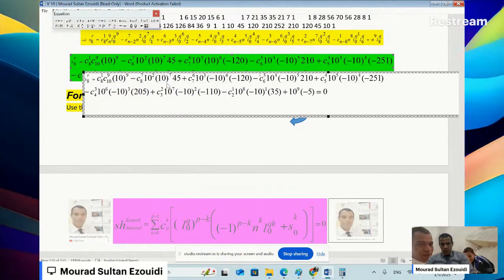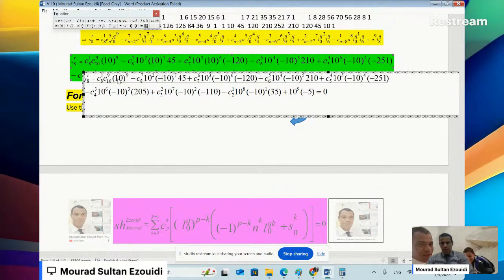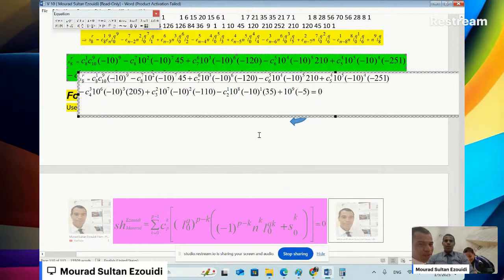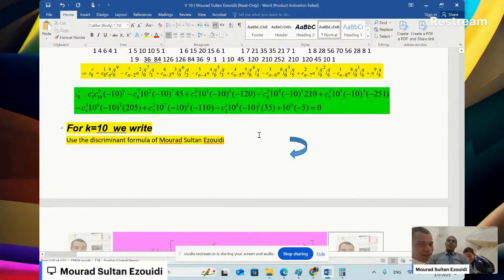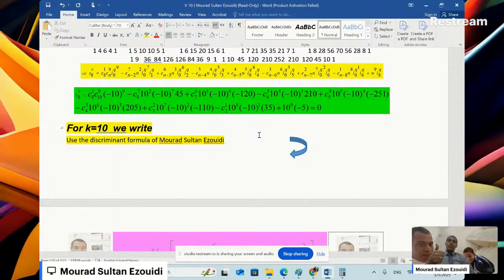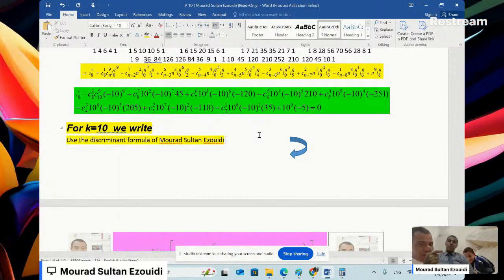Okay, good enough. This is minus, and this one is minus. You can use the calculator and then see that the value of this is equal to 0. So all the S subscript k for k up to 8 are equal to 0, except S4, which is 10 to the power 5.